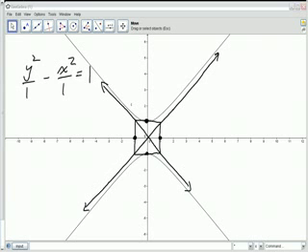These lines are the asymptotes of the hyperbola.